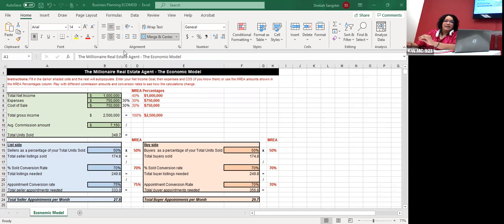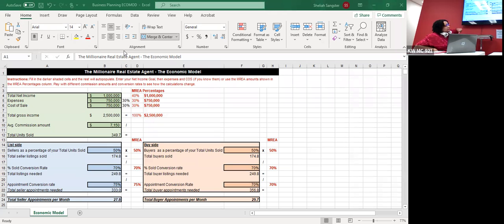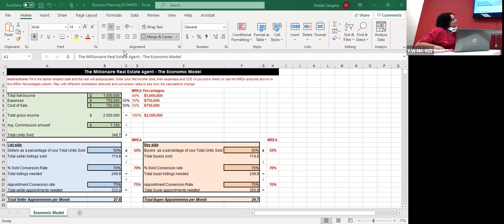That's right, the ratio from sellers to buyers. So that would be 40% for the list side. Where it says 50% up here, that should be 40%. Okay. And then on the buyer side, it should be 60%. And then both of the conversion rates, you would keep as close to 70% as possible.